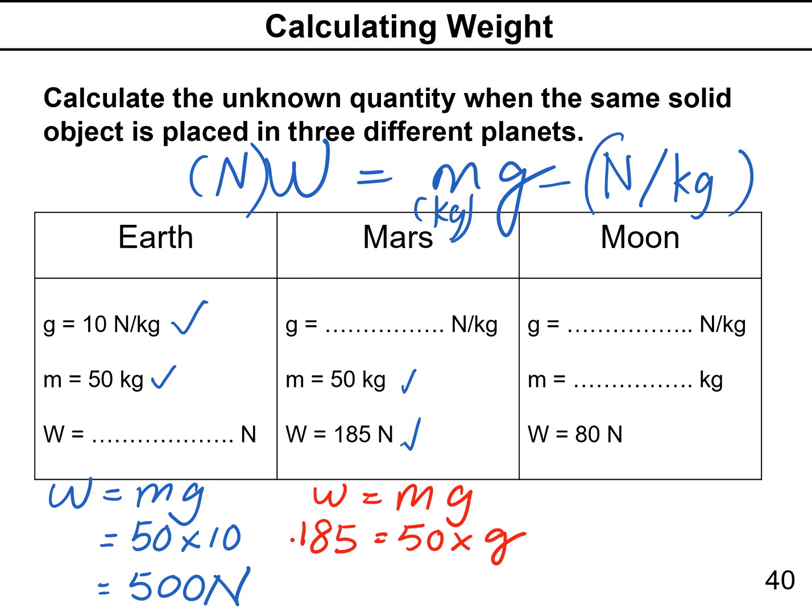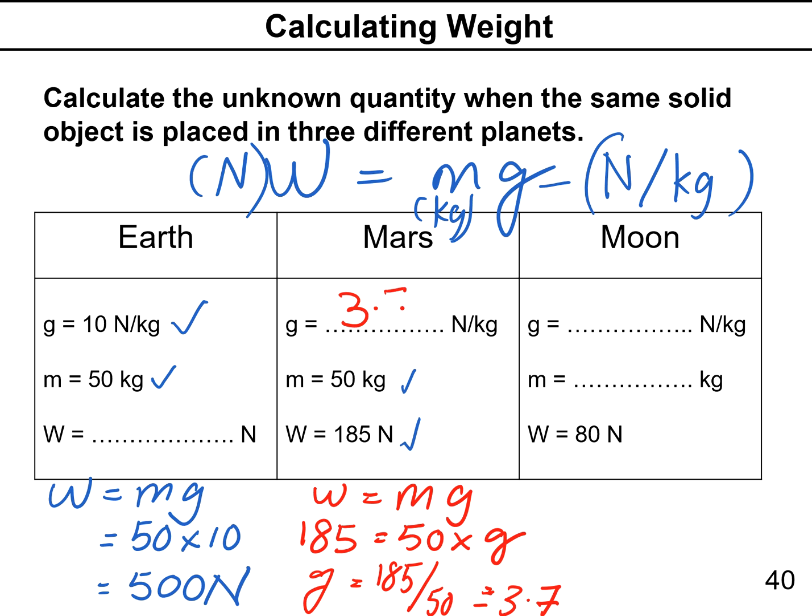So this is how we do substitution. I cannot stress enough how important it is for you to present your work in a systematic manner. It reduces all the careless mistakes. So now I'm going to look for g. g will be 185 divided by 50. 185 divided by 50, I will get 3.7.